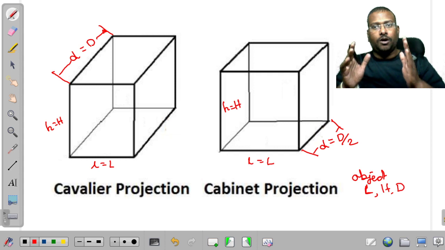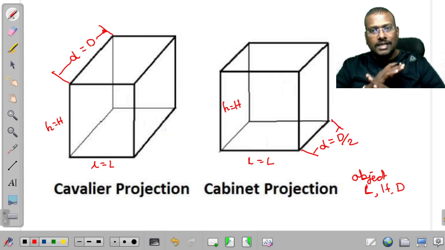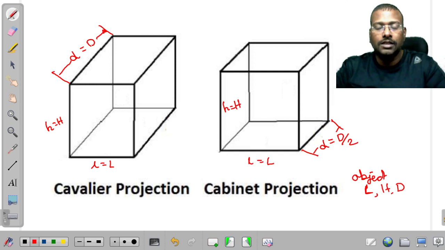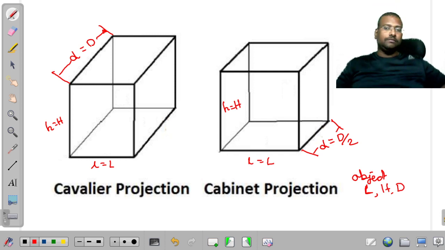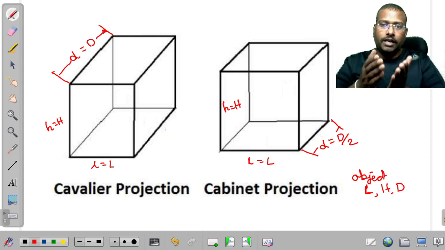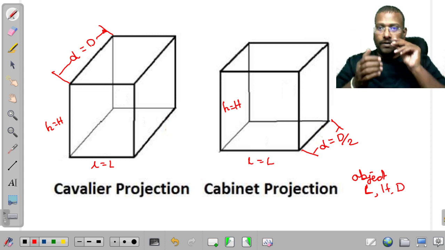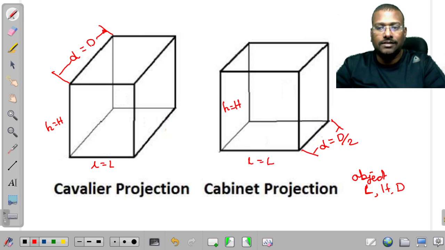So the front shape won't have any difference whether it is Cavalier projection or cabinet projection. However it appears, it is going to be the same; only the depth differs. If the actual depth is taken, it is Cavalier projection. If only half of the depth is considered, it is cabinet projection. Where will we use this, sir?